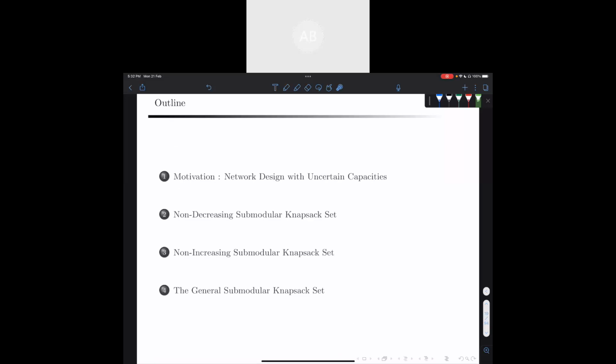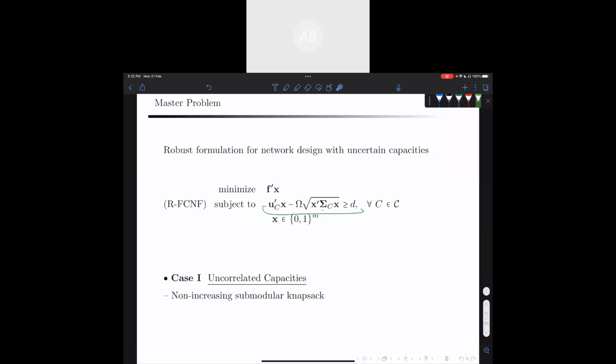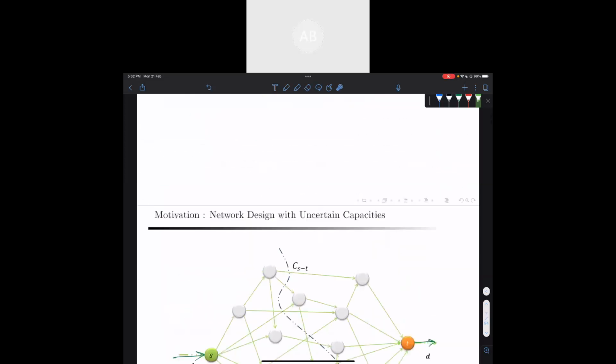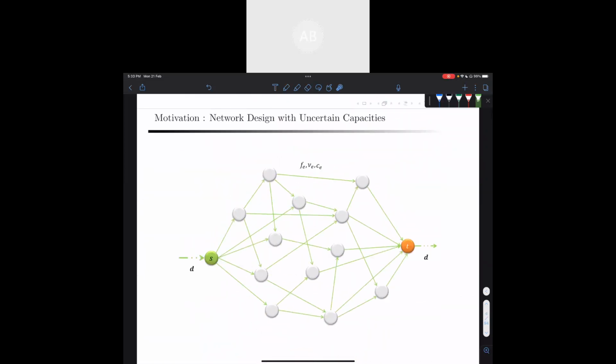Just one small thing before we move forward. I told you that we are going to add these conic constraints that we figured out on the fly, right? We'll add them as we need. So let's say you optimize your problem over a smaller set, and your problem gives you a solution such that it does not satisfy this probabilistic argument for this cut.